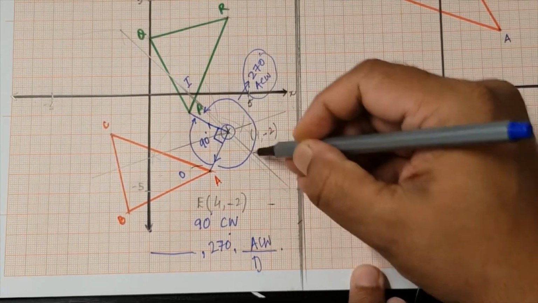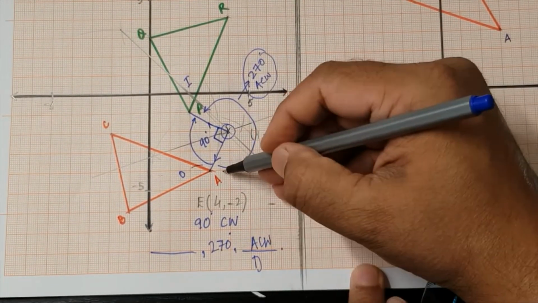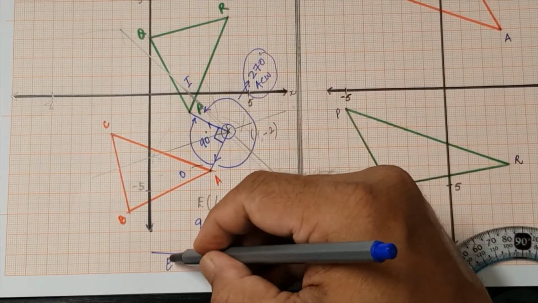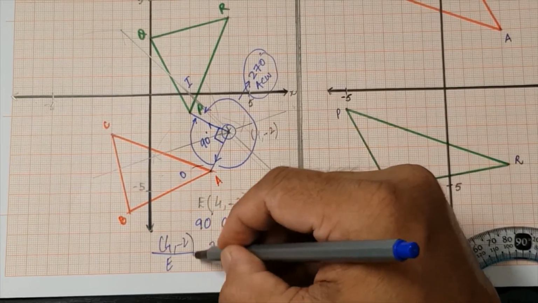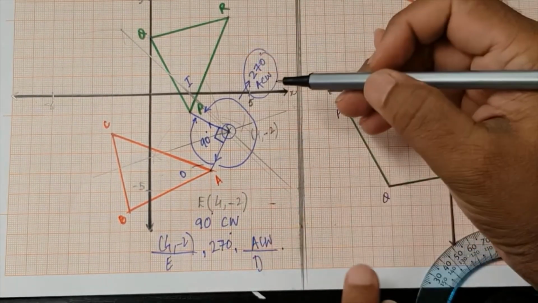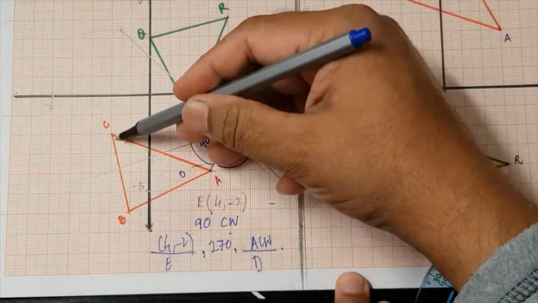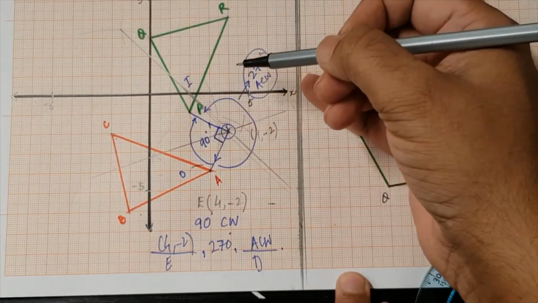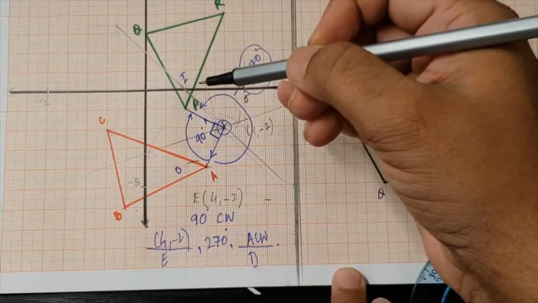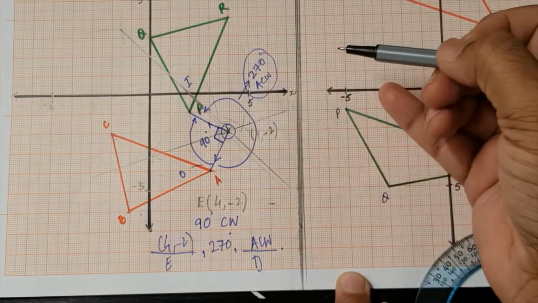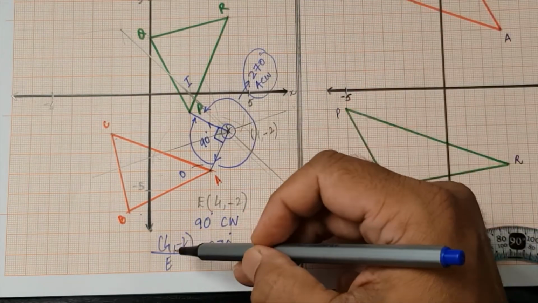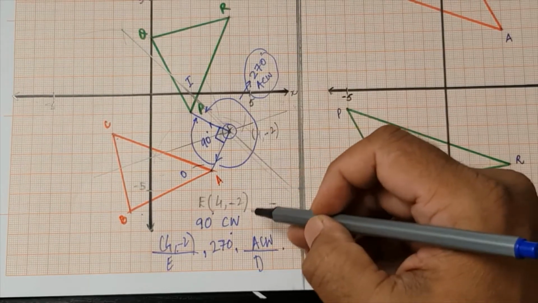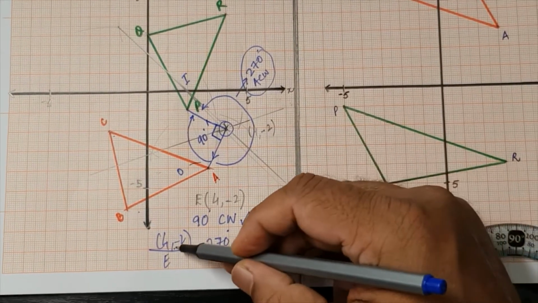Why? Because when 270 is required, we need to move anti-clockwise, and our center is what? The center is 4 comma minus 2. So how will I describe it? I will write: triangle ABC is mapped onto triangle PQR by rotation with angle 270 degrees anti-clockwise, or 90 degrees clockwise about center (4, -2).